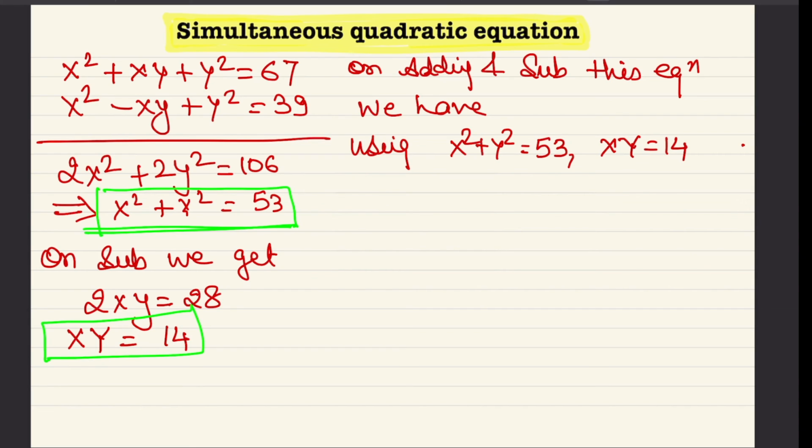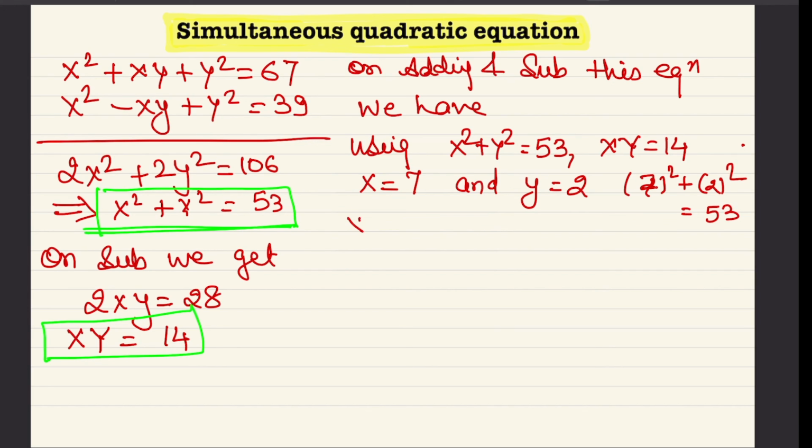So we'll choose x is equal to 7 and y equal to 2 so that it will satisfy x square plus y square equal to 53.